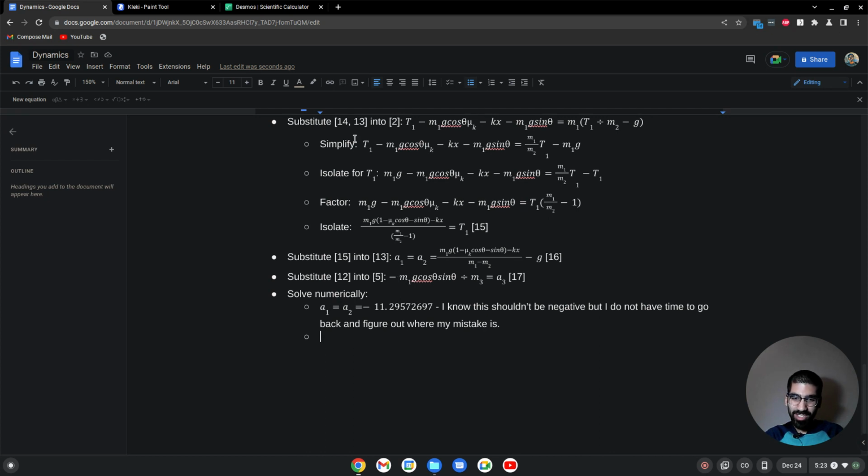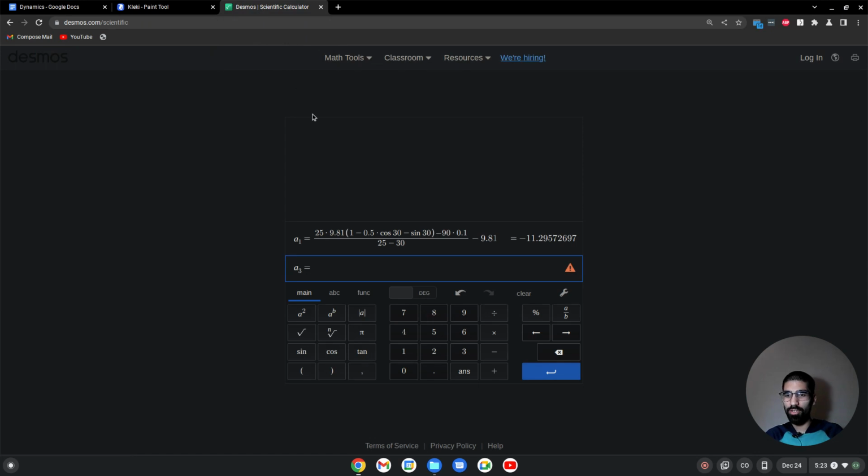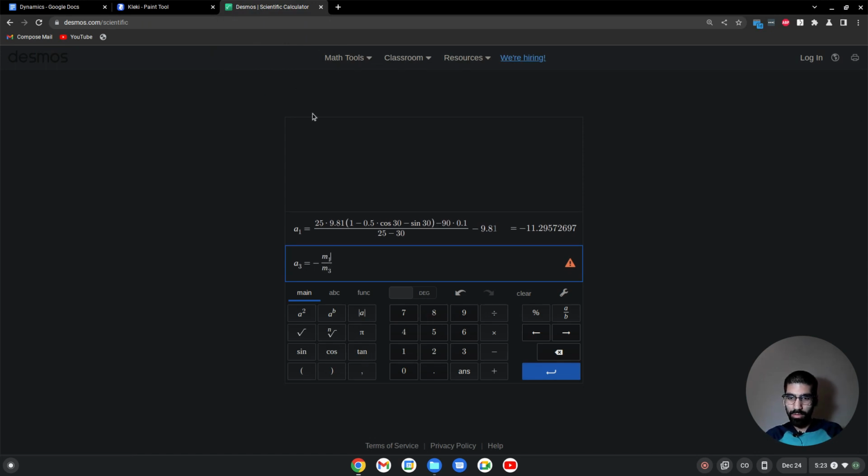A3 is negative m1 over m3 g cos theta sine theta. Okay, 30 degrees, 9.81, m1 is 25, m3 I think is 100 kilograms.